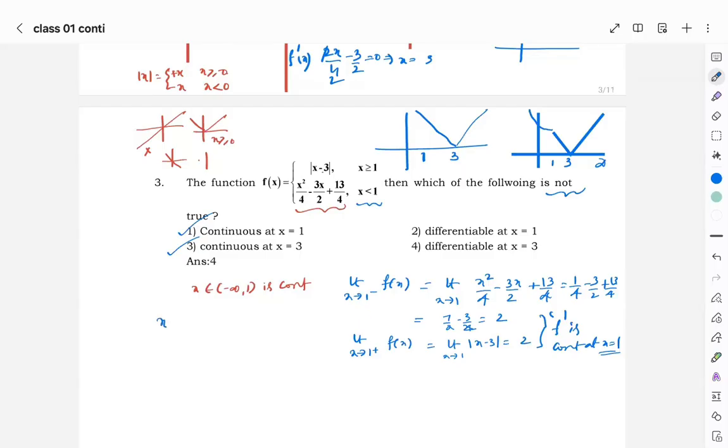So f is continuous. These turning points you should be careful about, the function for less than 1 and for greater than 1.